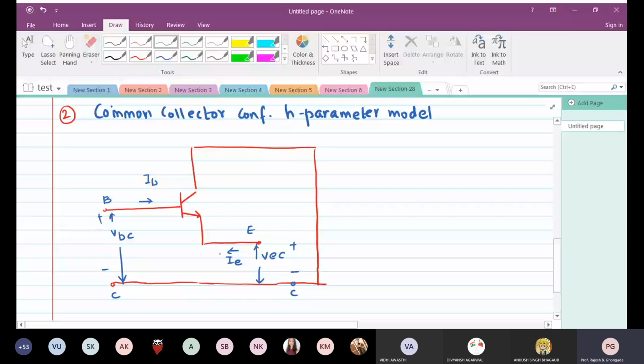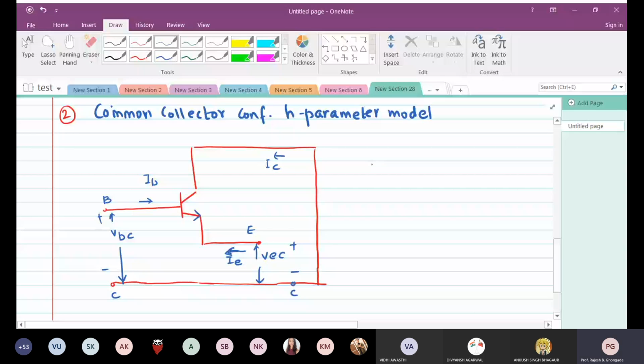Again, you will ask me the question: the arrow for the transistor is like this, so why are you drawing it in this direction? But the interpretation is that this IE will turn out to be negative. That's all.